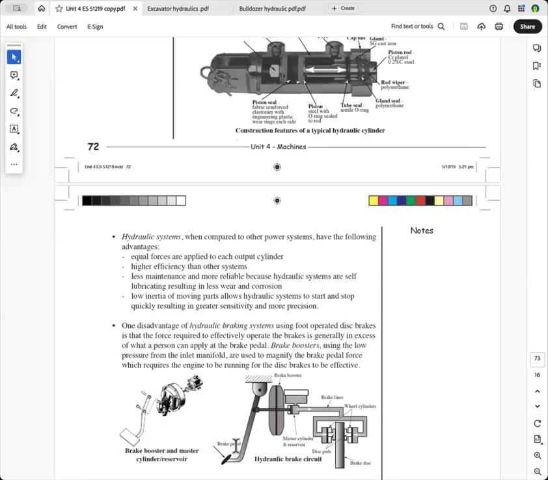So when you put your foot on the brake, it opens up a valve here, just somewhere on the outside of the brake booster. And when it opens up a valve, this valve is connected to the inlet manifold of the engine where the air is rushing in. And by Bernoulli, you'll have a low pressure area there.